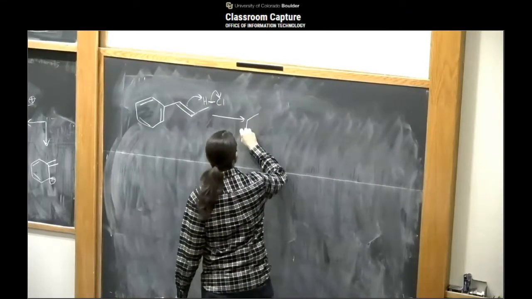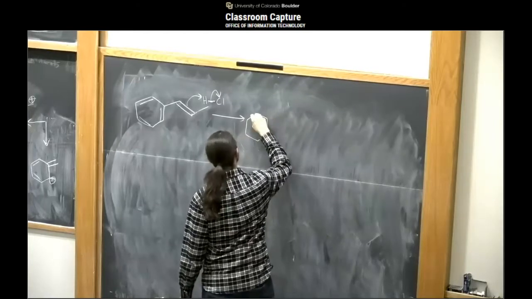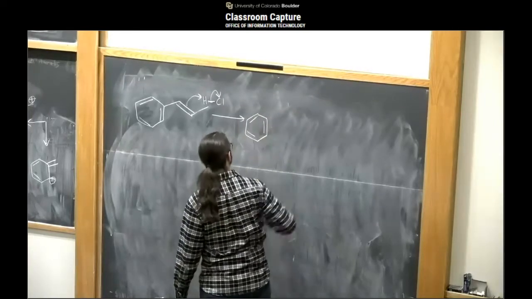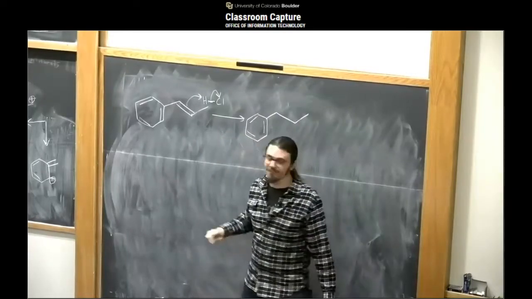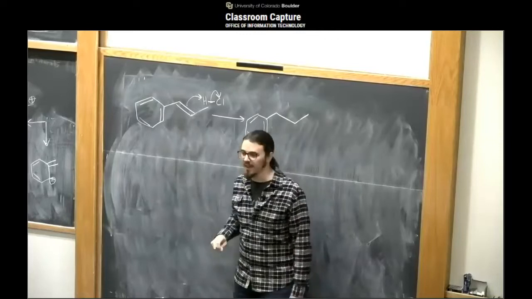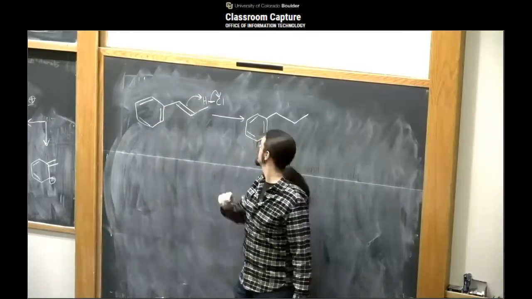So when we generate the carbocation from this starting material, there are two options. There's the one farther away from the benzene ring, and then there's the one right next to it.